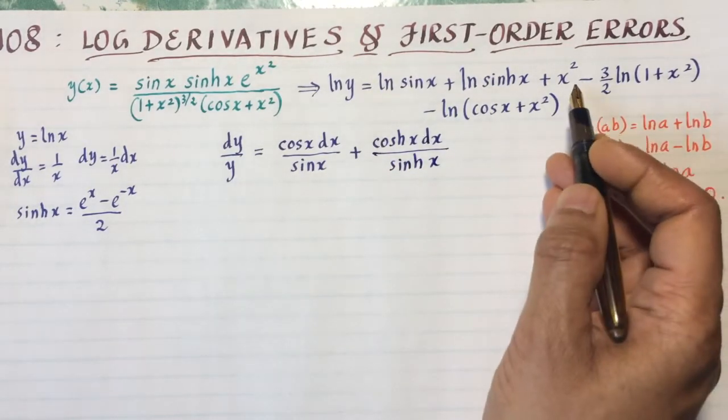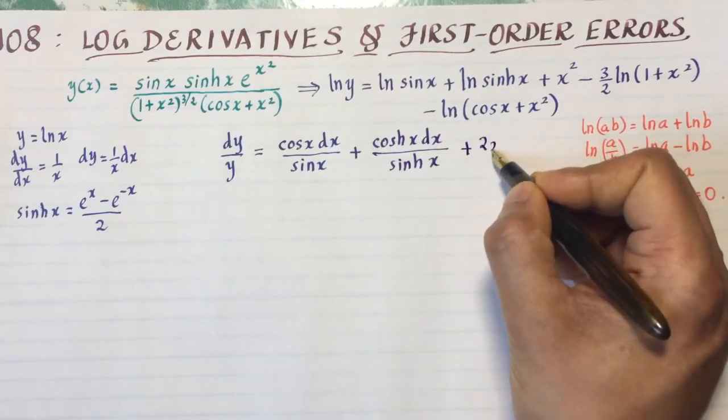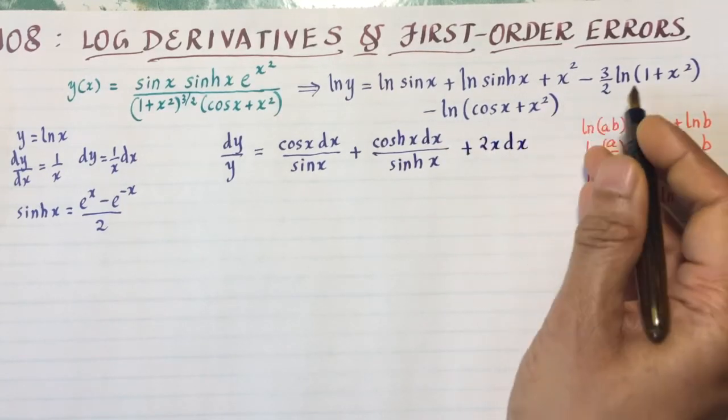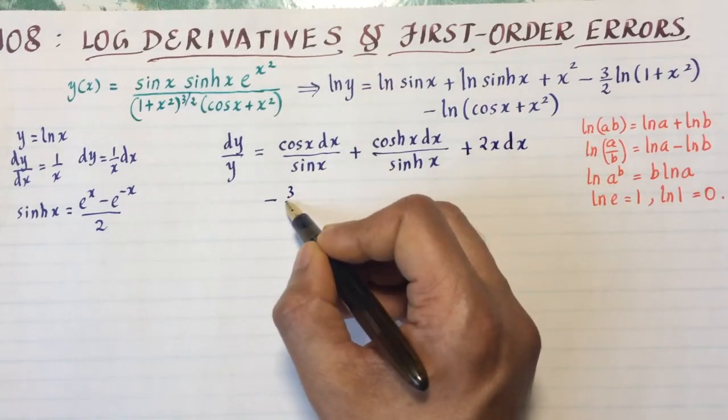What about here? I'll get just 2x dx, and then that term, so that's going to be negative 3/2.